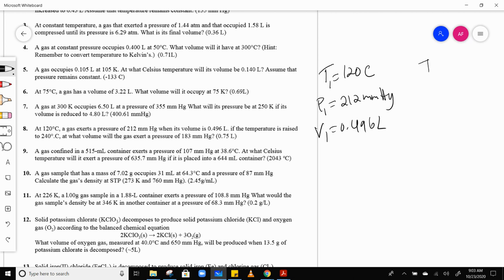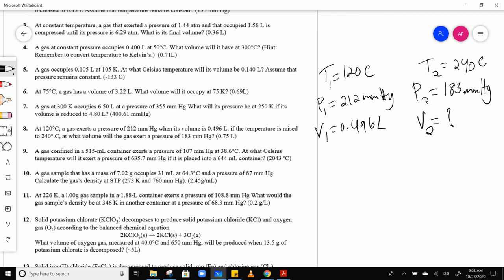If the temperature is now raised to 240 Celsius, what volume will the gas exert a pressure? That's weirdly worded. So we're looking for volume, if the pressure is 183 mmHg.